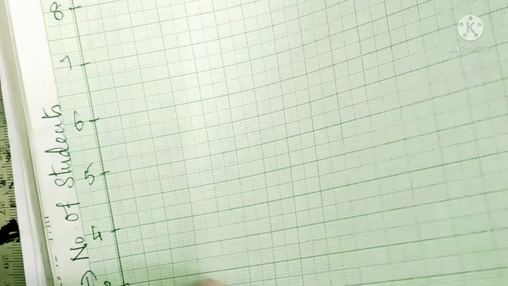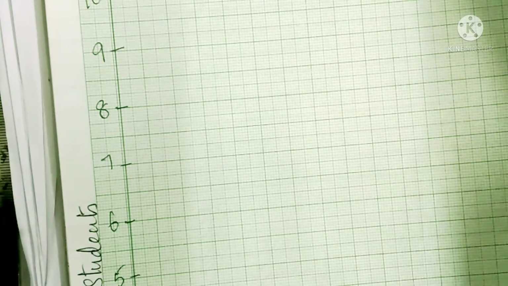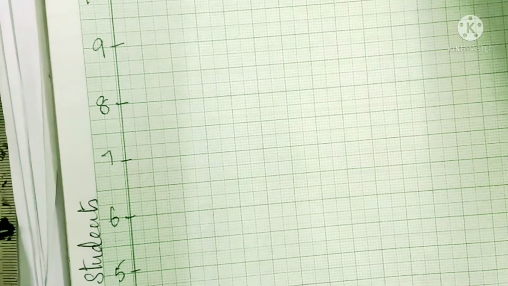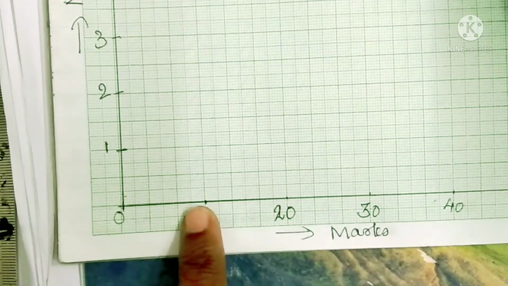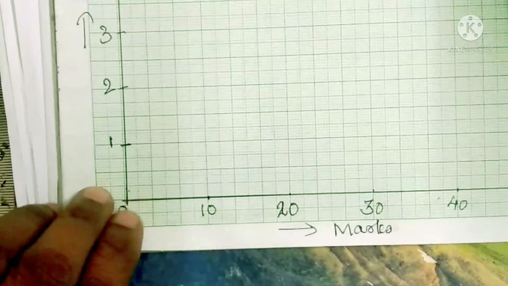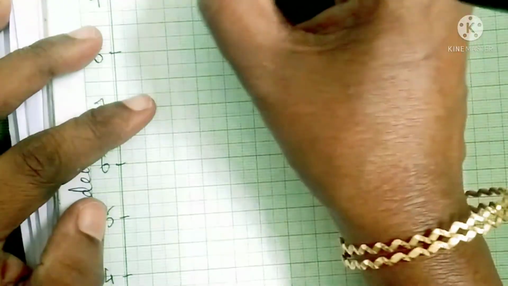Now let us see how many students got 0 to 10 marks. There are 10 students who got 0 to 10, so let us mark that first. This portion is showing 0 to 10, so on 10 we will first show that point.